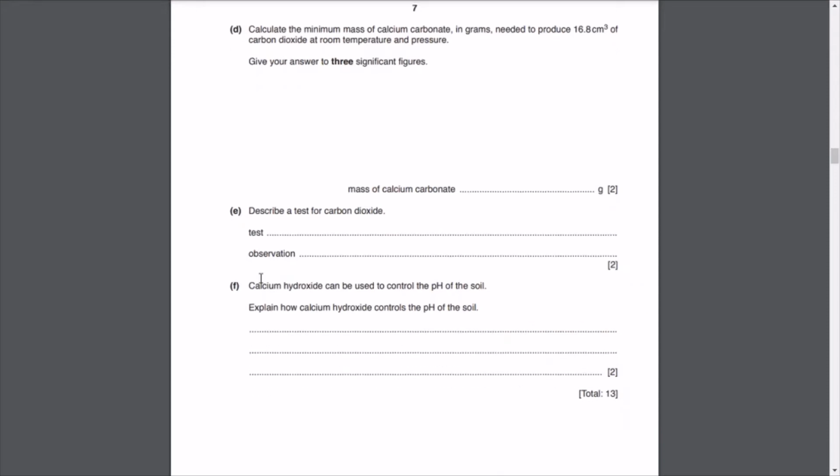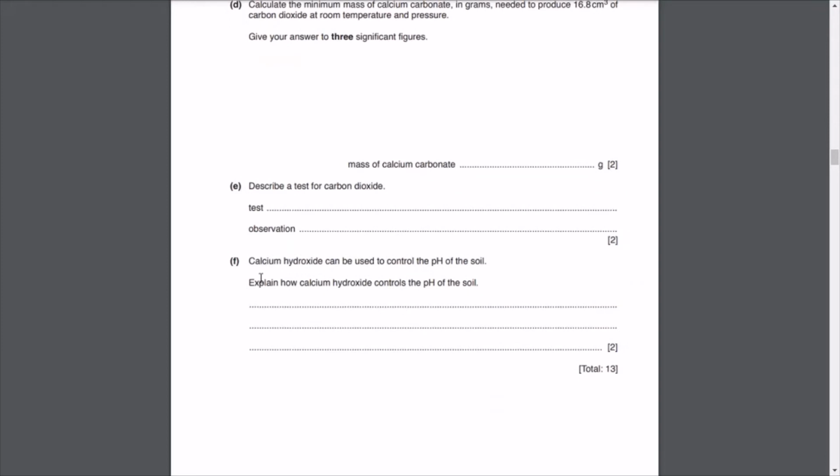Part F, calcium hydroxide can be used to control the pH of the soil. Explain how calcium hydroxide controls the pH of the soil. Now calcium hydroxide is an alkali, and if the soil is acidic, it can help in neutralizing the soil, or it can help in increasing the pH.